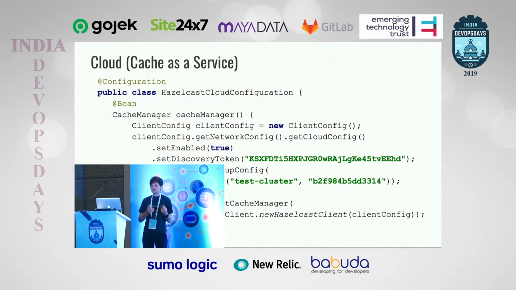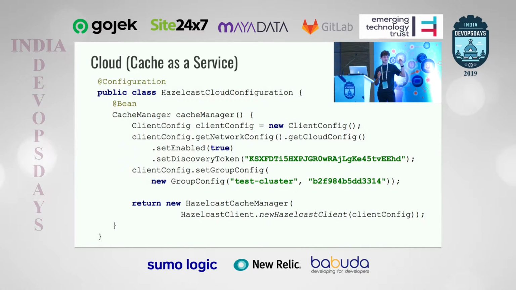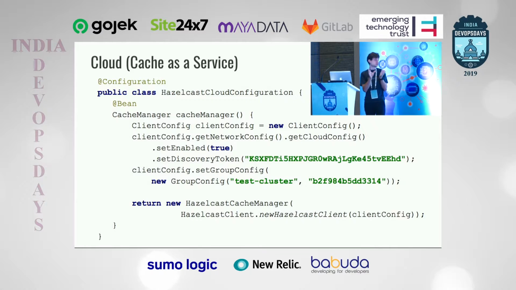Then the configuration in Spring looks as follows. This time the cache manager is a cache client, and it uses some discovery token and password to connect to your cache cluster in the cloud.